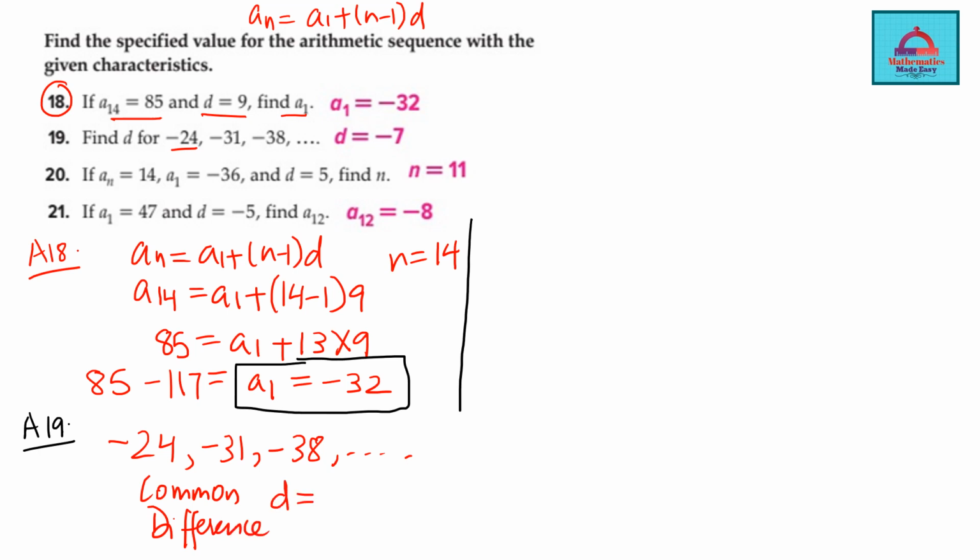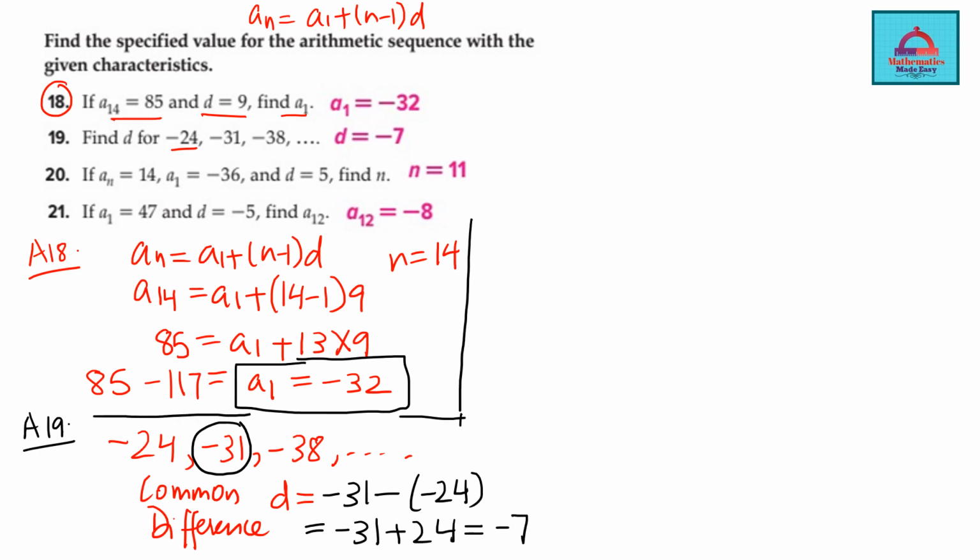You take any one term, for example, I take this term and subtract the previous term. So minus 31 minus of minus 24. Minus minus becomes positive and you get it as minus 7. So that's your solution for question 19.